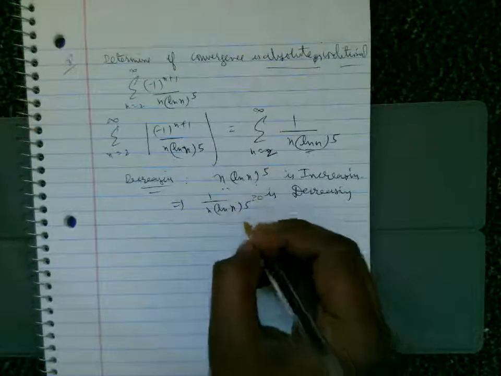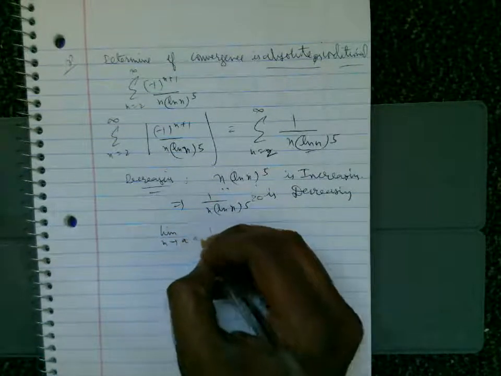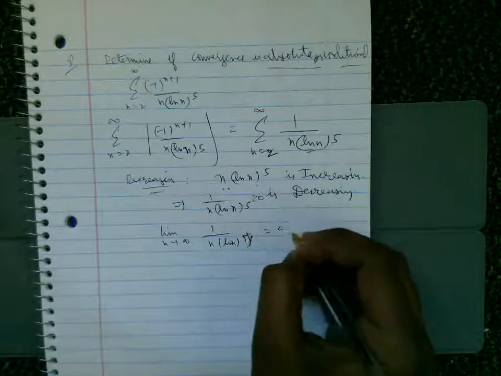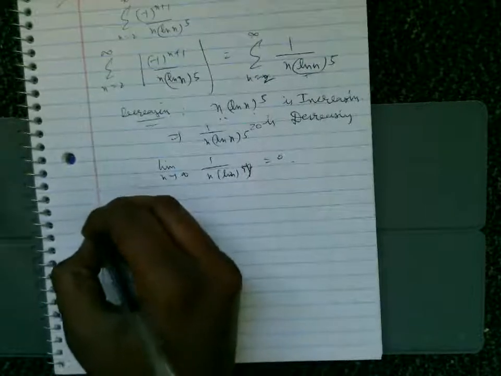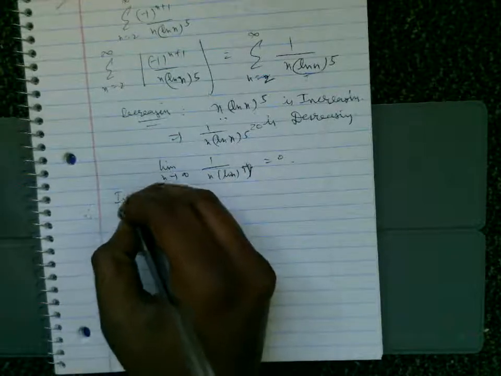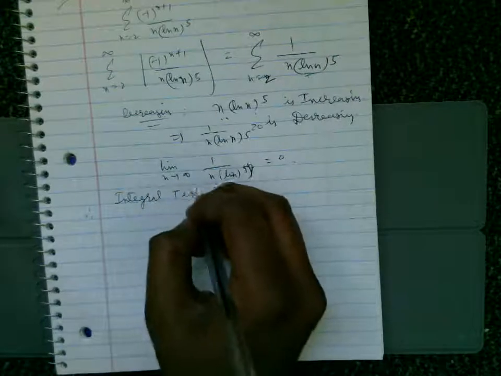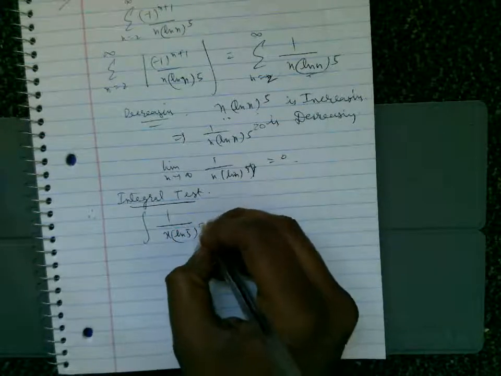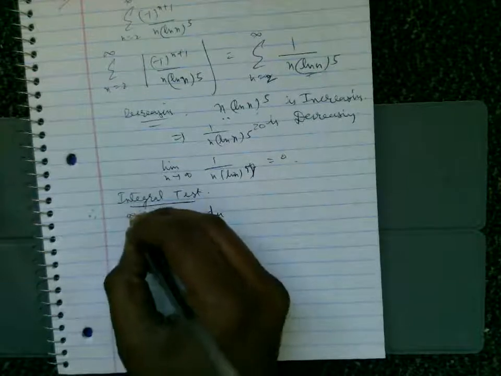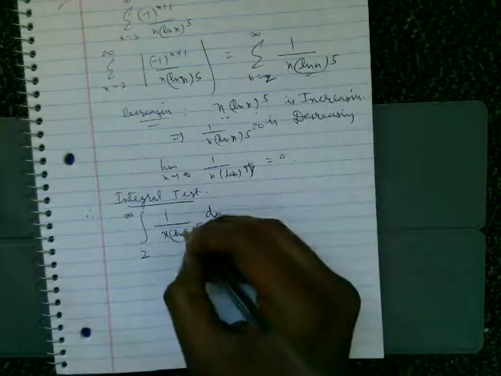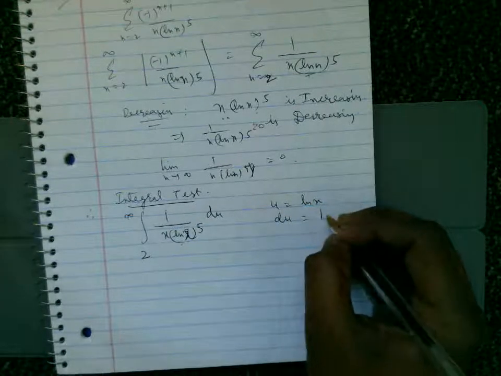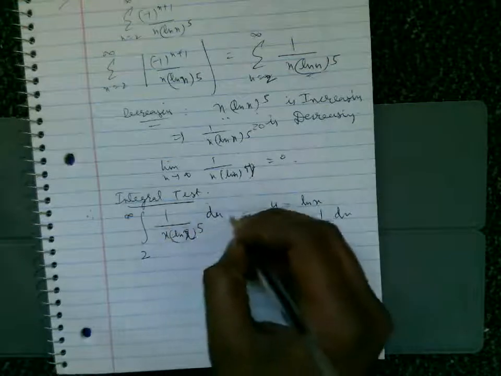And also these are all positive, and the limit as n tends to infinity of 1 by n log n to the power 5 is 0. So therefore we can use the integral test, since we can integrate this function. We'll integrate this function from 2 to infinity. This is clearly integrable, because if you take u equal to log x, you have du equal to 1 by x dx, which is also there in this.